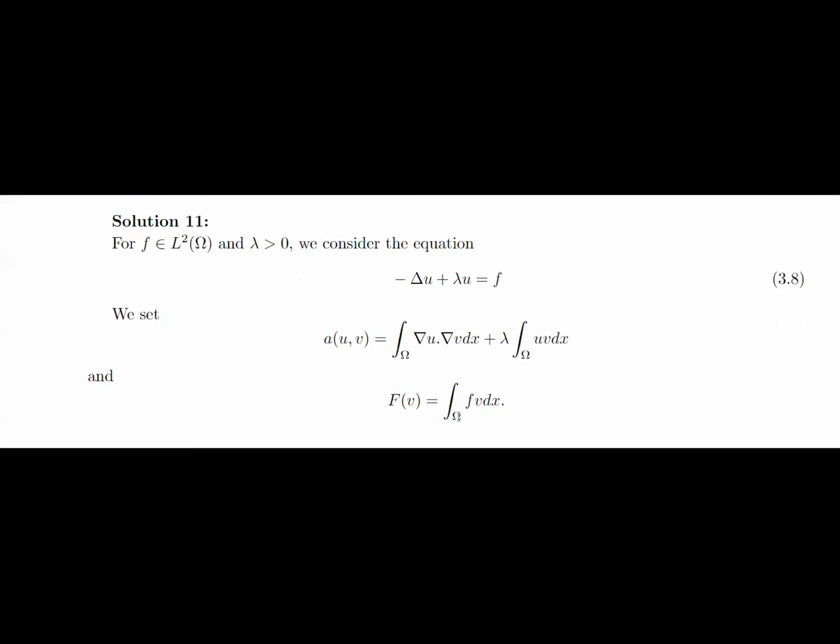Now, if we can prove that a(u,v) is a bilinear continuous form and coercive on H^1_0, with H^1_0 endowed with the classical norm on H^1, and if f(v) is a linear continuous form on H^1_0, then we're done.